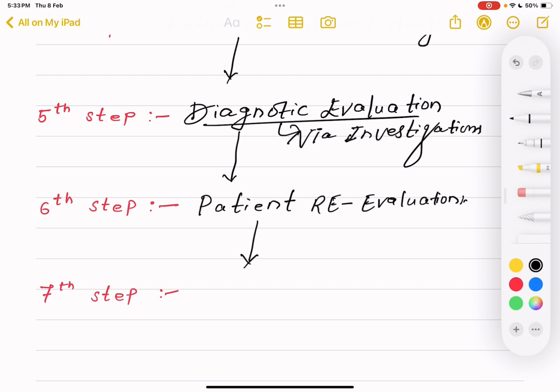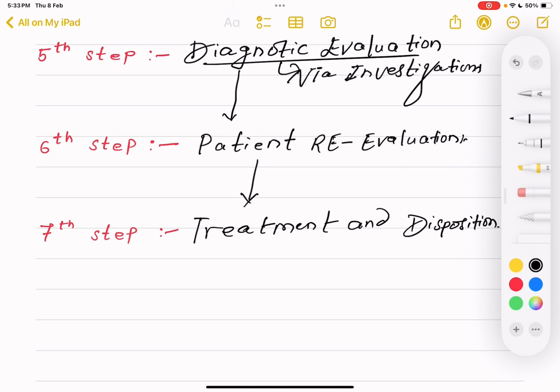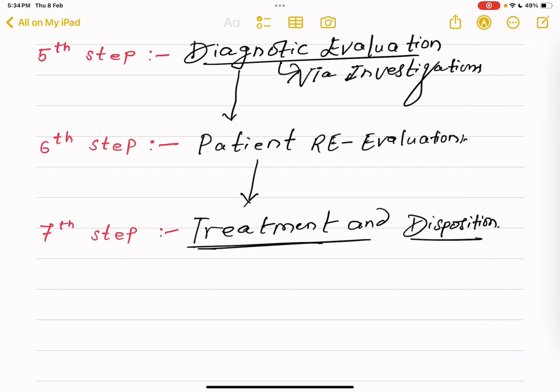Then the seventh step will be treatment and disposition. So guys, after treatment or during the seventh step, the patients in the emergency department can have three dispositions.